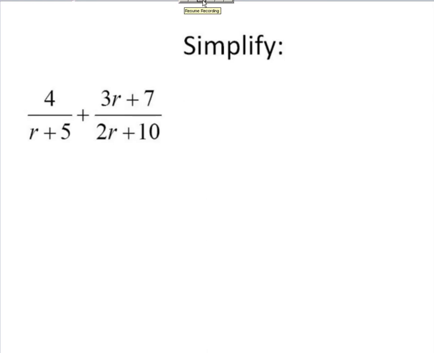All right, so if we're going to look at factors to help us build our least common denominator here so we can get two new fractions to work with, I would suggest taking your original denominators and factoring those out. R plus 5 is what it is. 2r plus 10, we can factor a 2 out.